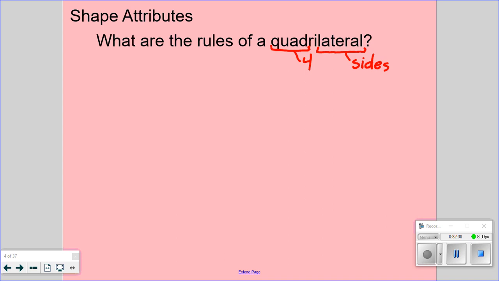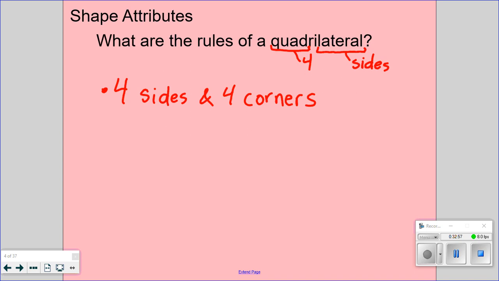So what rule do you think is a rule for a quadrilateral? It's not a trick question. Marley, what do you think? It has to have 4 sides and 4 corners. We had some quadrilaterals in our sort.